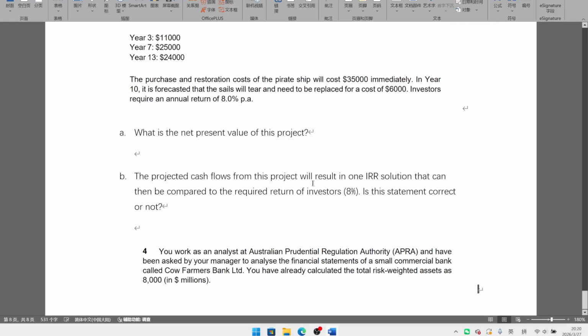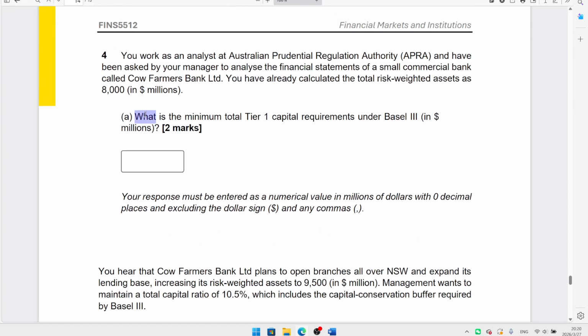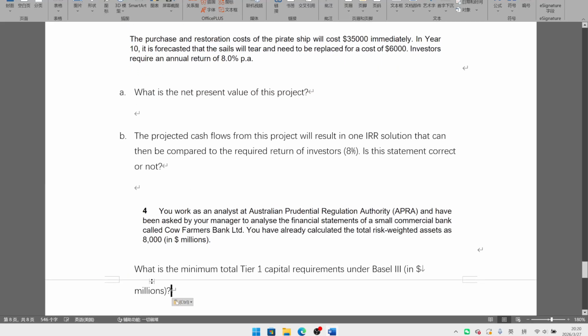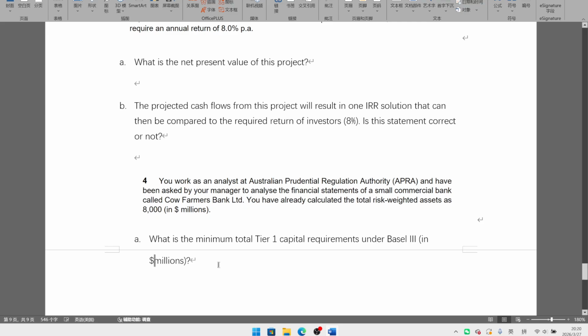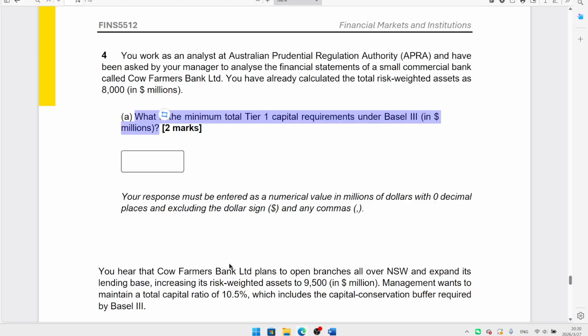Let's do the Basel. What's the minimum total capital in dollar amount? It's about this question about Basel. Total capital they have is 8,000. So it's Basel 3.